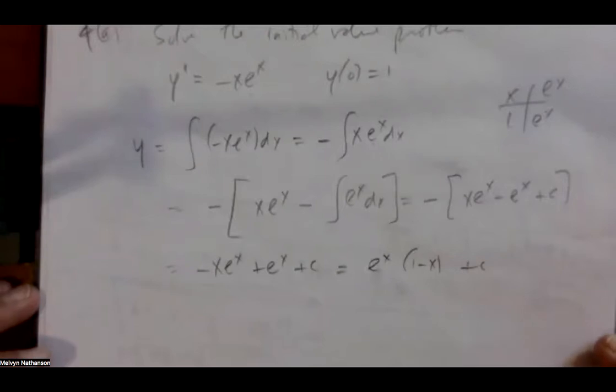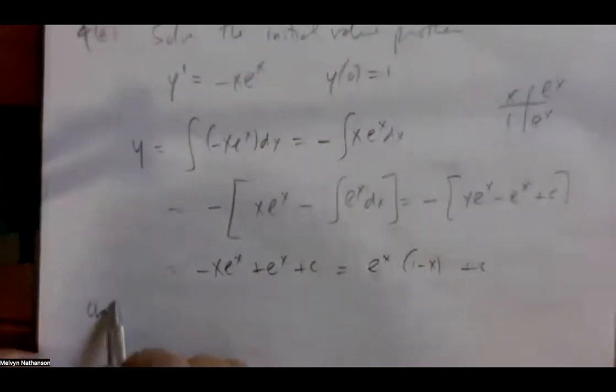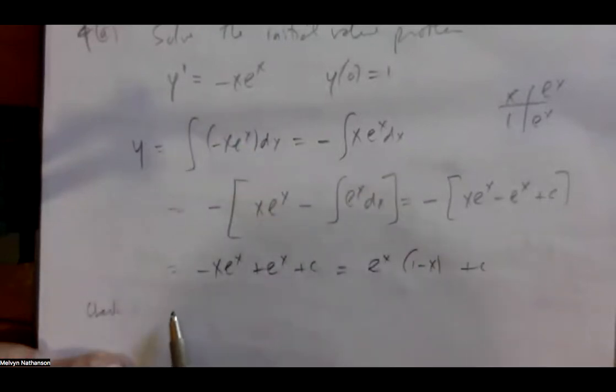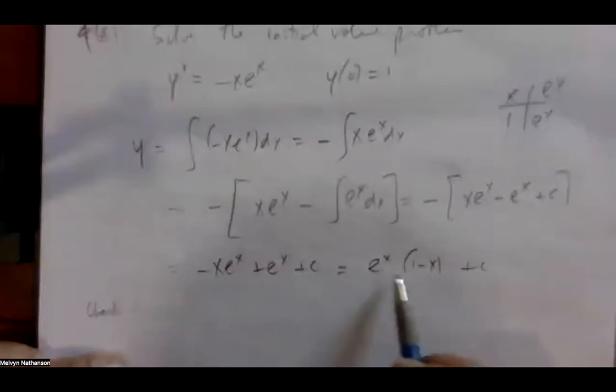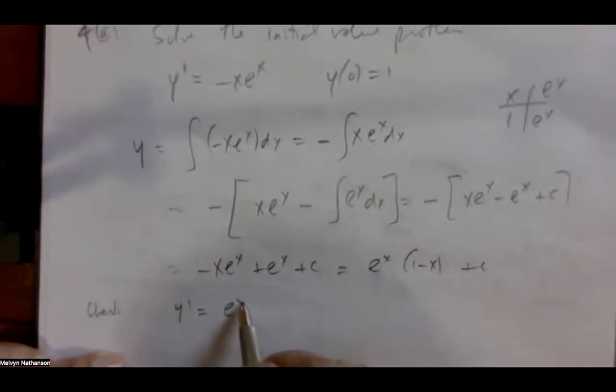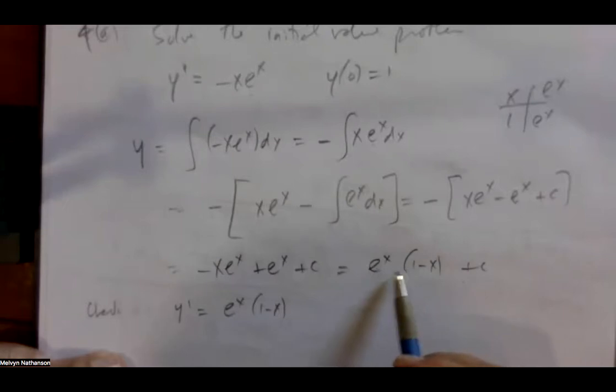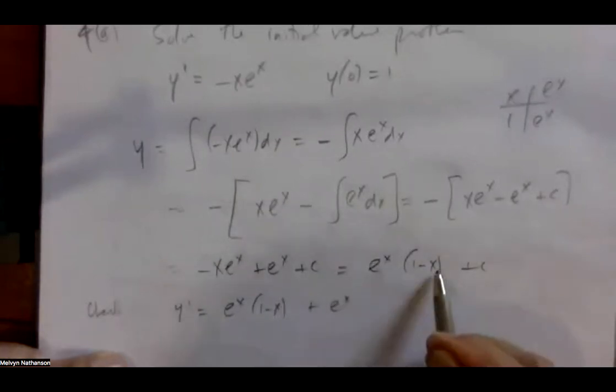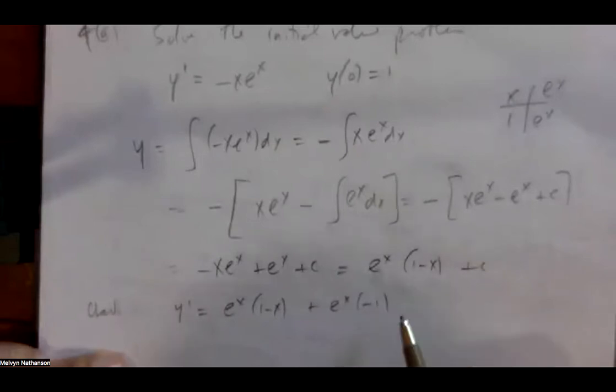So everybody makes mistakes. I make lots of mistakes. So let me just check to see whether this really is a solution of this differential equation. If y is equal to e to the x times 1 minus x plus c, y prime is equal to e to the x times 1 minus x, derivative of the first times the second, plus the first times the derivative of the second, times minus 1.